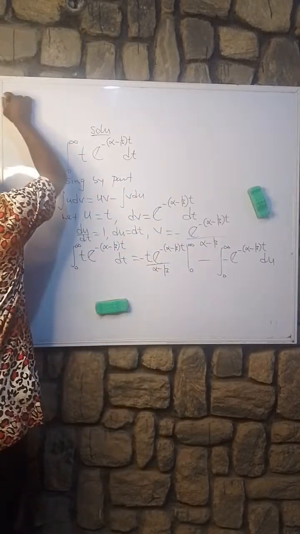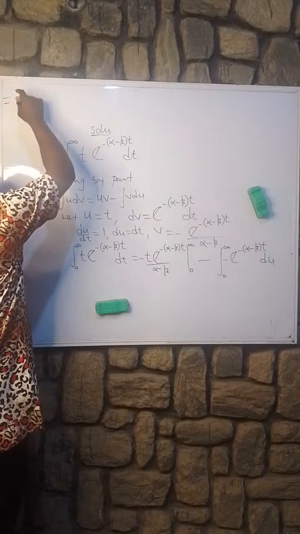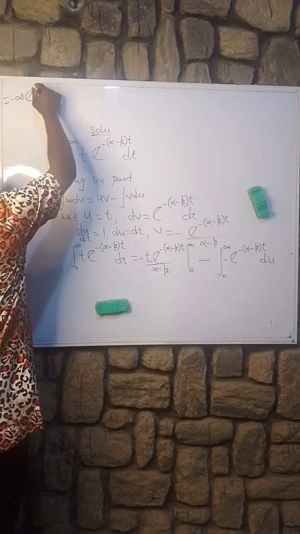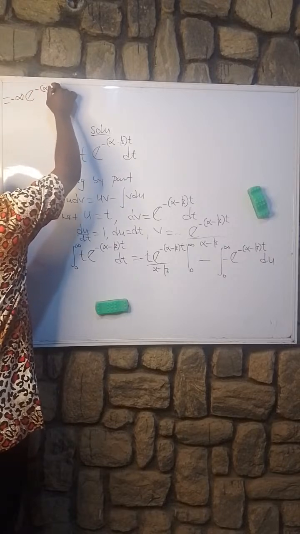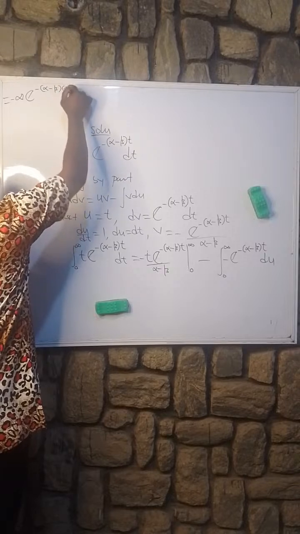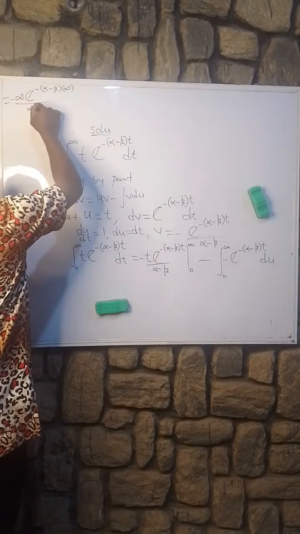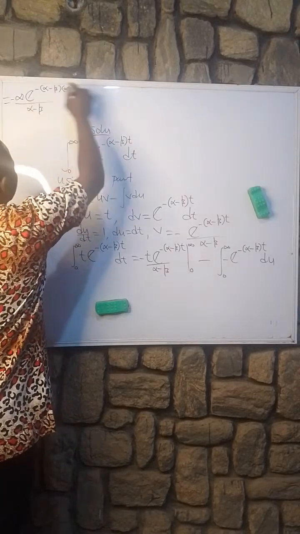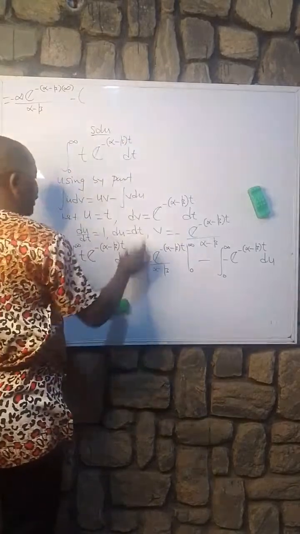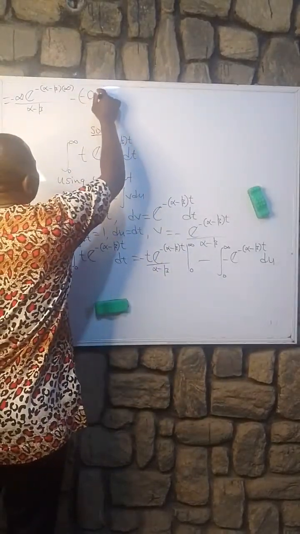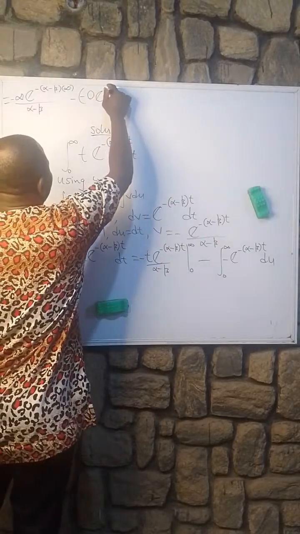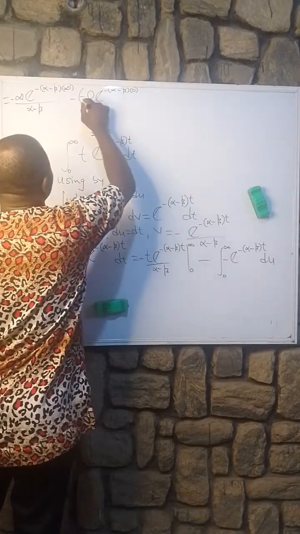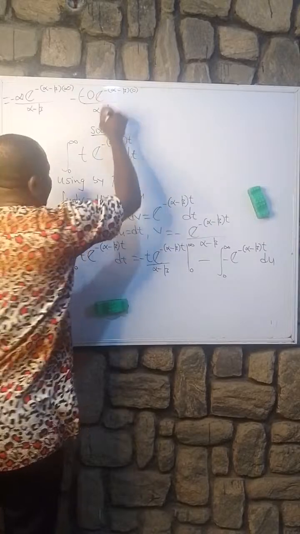So here will be equal to infinity exponential minus open bracket alpha minus beta times infinity all over alpha minus beta, then minus open bracket, here it is 0 exponential minus open bracket alpha minus beta times 0 all over alpha minus beta, right?